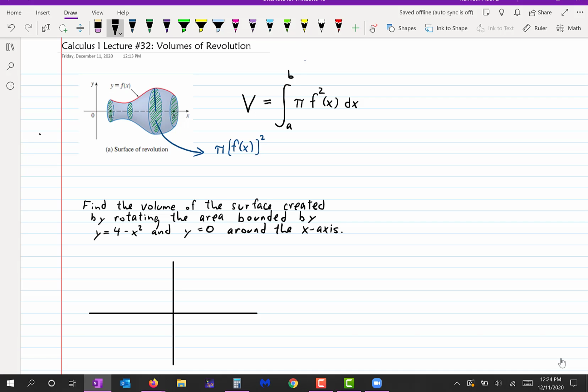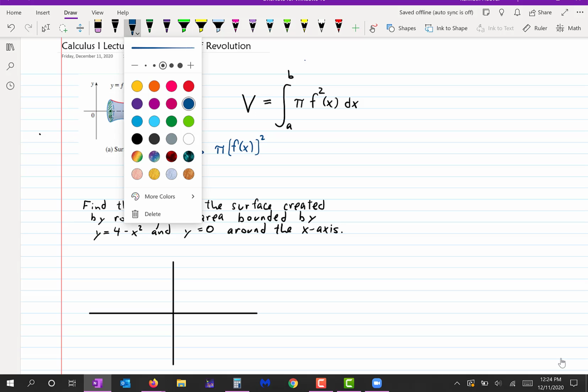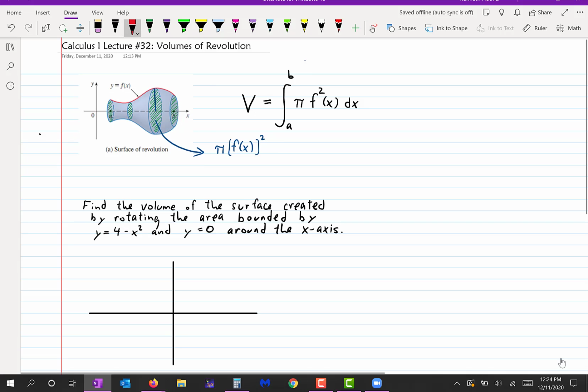Okay, let's start by graphing. I mean, you don't have to do the graph to answer this question, but it might be easier. So here is y equals 4 minus x squared. You should at least know that that's an upside down parabola from pre-calculus, okay?